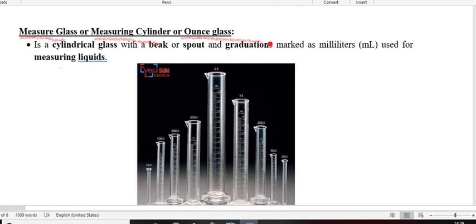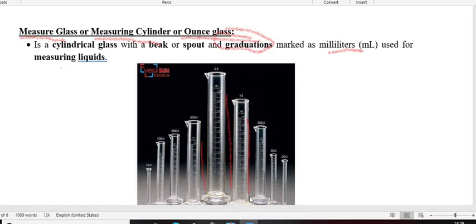And this is graduated. What does graduated mean? Marked with numerals, numbers in milliliters, ml. So this is marked here. See here, this is graduated. These are all graduated, of different volumes.